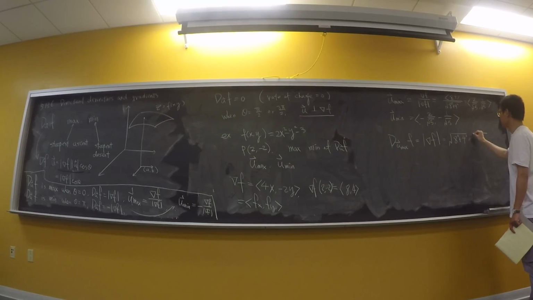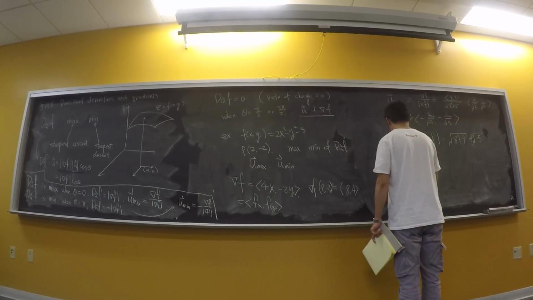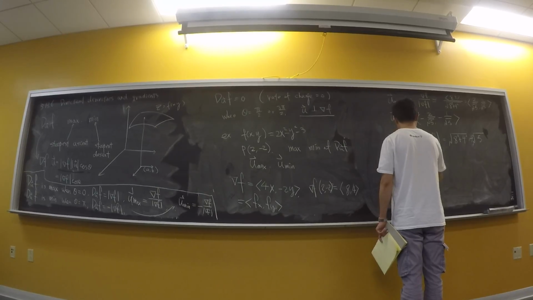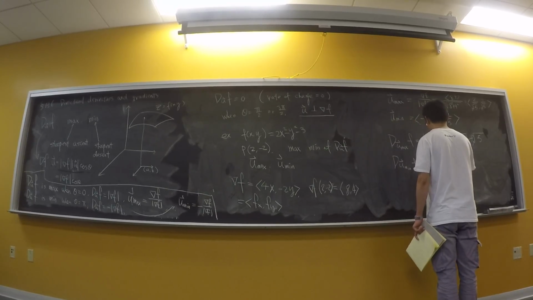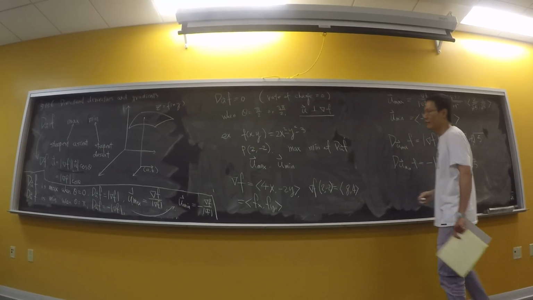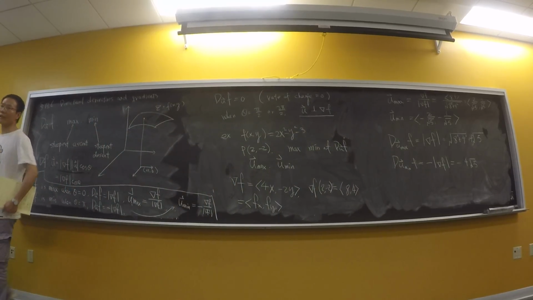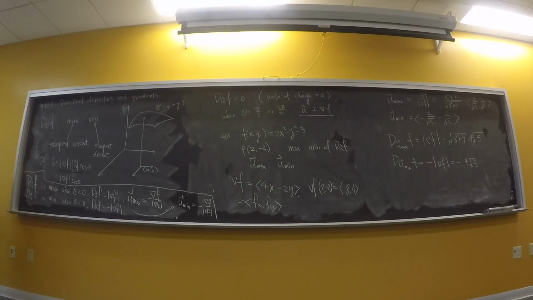You're getting 4 square root of 5, right? And D minimum is equal to minus the length of the vector, which is minus 4 square root of 5. So the steepest ascent rate is going to be 4 square root of 5, and the steepest descending rate will be minus 4 square root of 5.